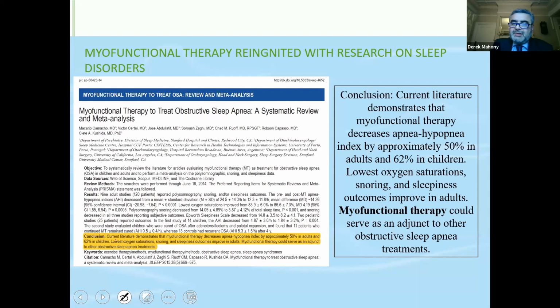It can reduce it by 62%, which is amazing, right? And these are the kids who have the snoring, I've already mentioned, the low oxygen saturation, and they're going to have things like hyperactive problems, because when a child doesn't sleep well, unlike an adult, if we don't sleep well, we're tired, we're lethargic. If a child doesn't sleep well, they end up sort of climbing the walls, right?